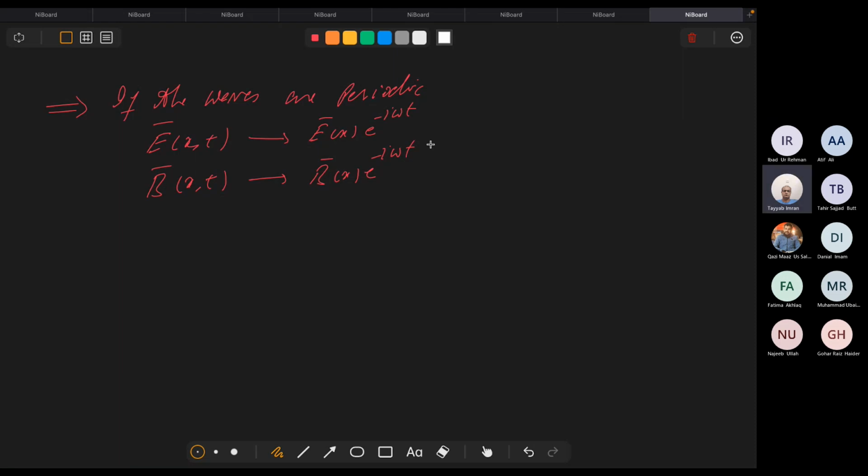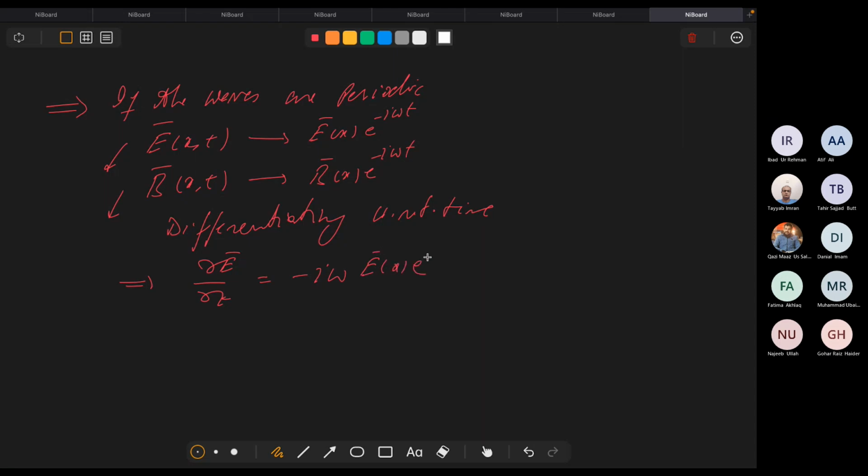Now if we differentiate with respect to time, so that would be like this, okay. The iota and omega come out with a negative sign, because there is an exponential in t there, so this is like this, okay. Similarly we can do it for the magnetic field as well.